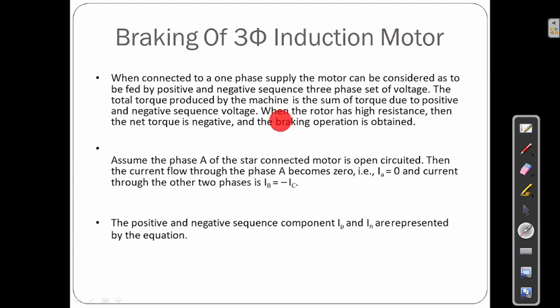So, when the rotor has high resistance, then the net torque is negative and the braking operation is obtained. Assume the phase A of the star connected motor is open circuited.